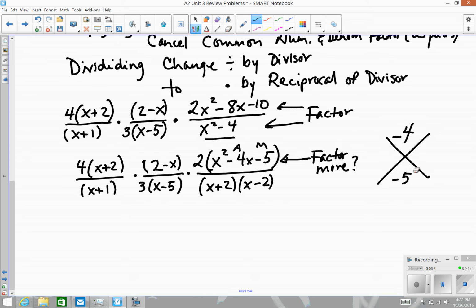And if I'm going to multiply 2 numbers and get a negative, I know one must be positive, one must be negative. To add up to a negative 4, my 2 numbers are going to be negative 5 and positive 1. So it looks like I can factor that numerator. I'm going to rewrite my entire problem here.